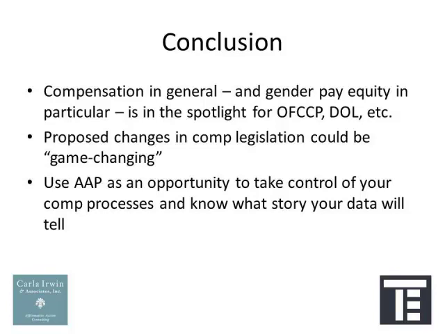But the one thing that you can take control of, like Stephanie said, is your data and your process. Consistently applying the principles and standards that you have already created and the documentation that you have in terms of the business reasons why you pay people the way that you do. And that's the way you're going to prepare for whatever change the OFCCP, other regulatory agencies, or litigation comes forward.